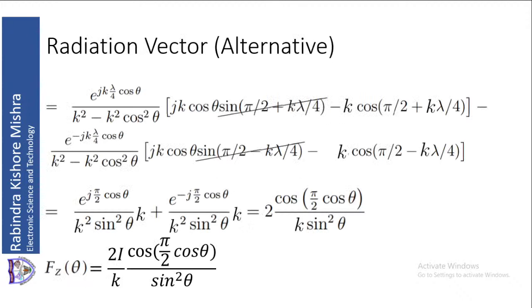So Fz we have found out to be of the form 2I by k cos (pi by 2 cos theta) by sin square theta. This is the form of Fz. It depends only on theta. It is not dependent on phi. Next, the expressions for field now will be E is equal to theta cap E theta. This we have seen.